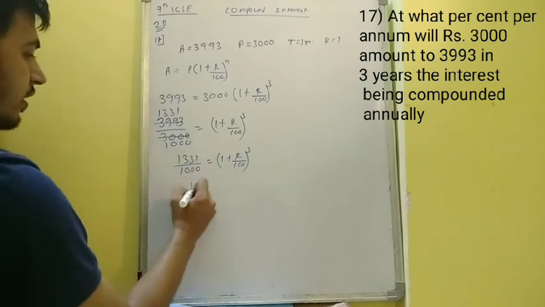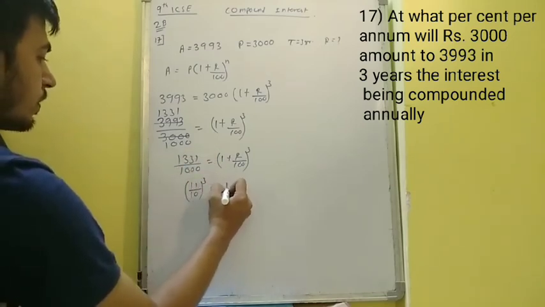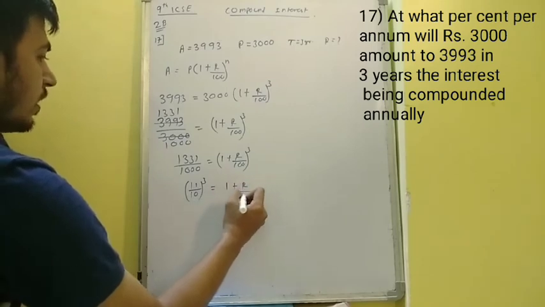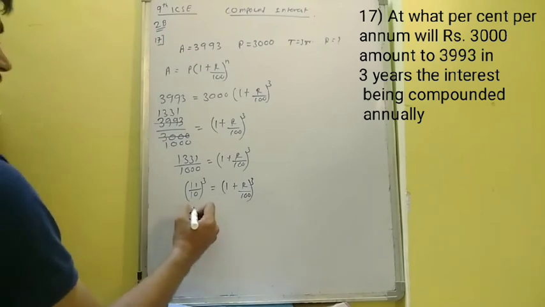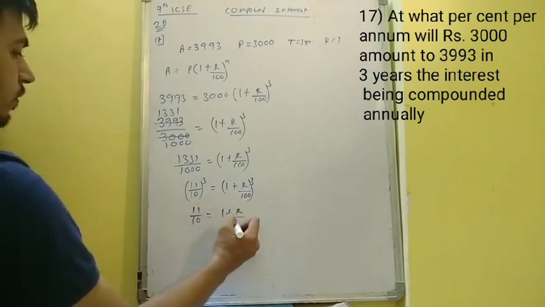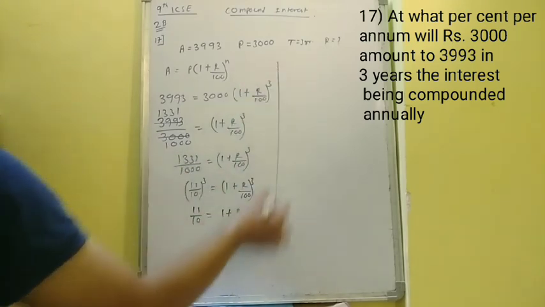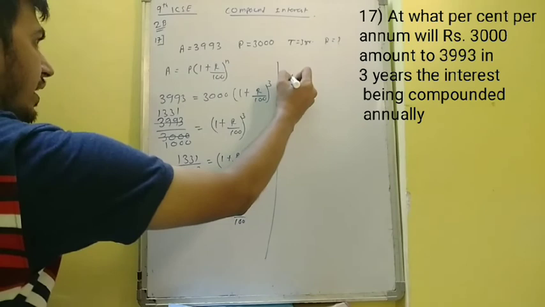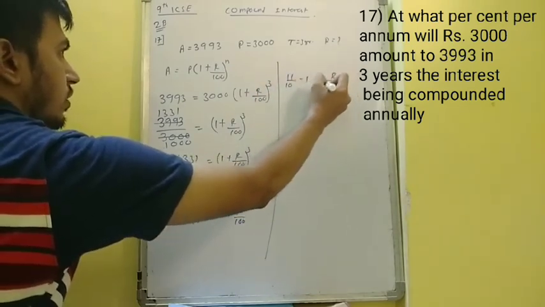So it is 11 upon 10 the whole cube, equal to 1 plus R upon 100 to the power 3. Taking the cube root, it is 11 upon 10 equal to 1 plus R upon 100. 1 will come this side and get subtracted. So 11 upon 10 minus 1 is equal to R upon 100.